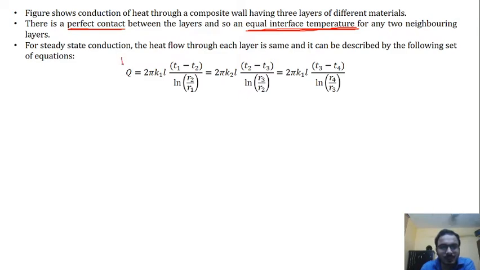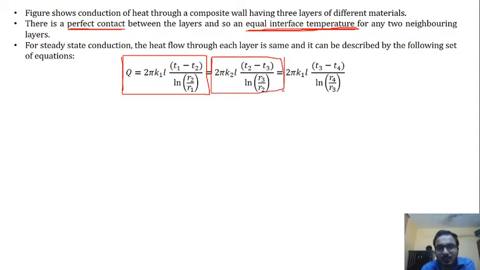So here Q is given by this formula which we have already derived in our previous lecture. And the same equation is applicable for the intermediate layer as well as the outer layer.